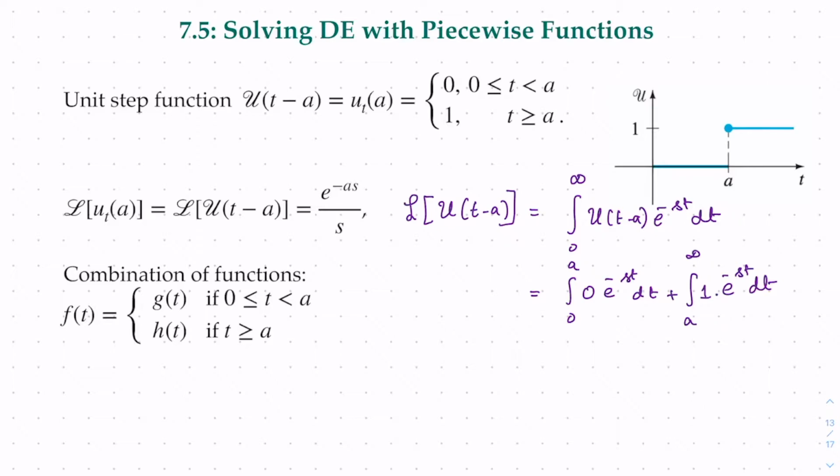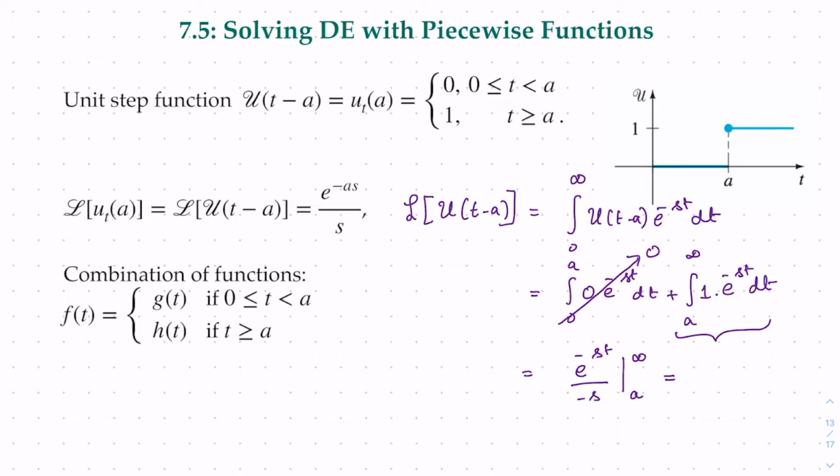Now the first part is 0. That's history, that's gone. Now all you have is this particular side, and if you integrate that, ladies and gentlemen, you have e to the negative st over negative s, with the lower limit a and the upper limit infinity.